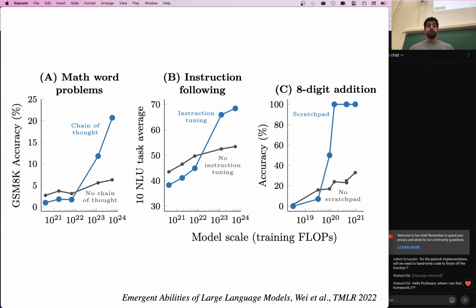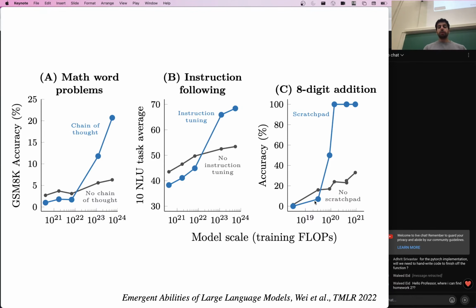Again, an instruction following task setup. So we see here that instruction tuning does have a small benefit with these smaller compute budgets, but just like with the math word problems, there's a huge increase in performance from 40-something to 60 or 70 as we scale up the model to a bigger budget.